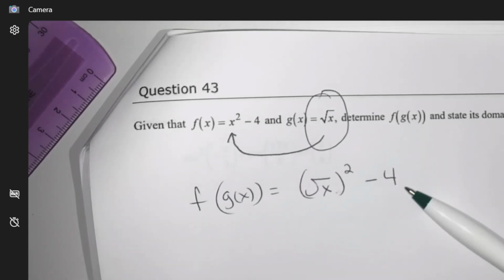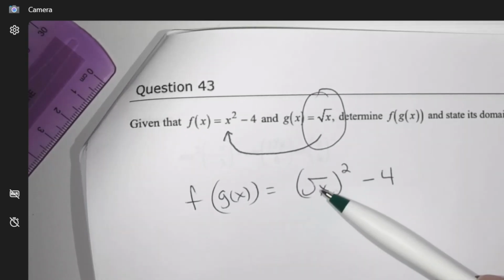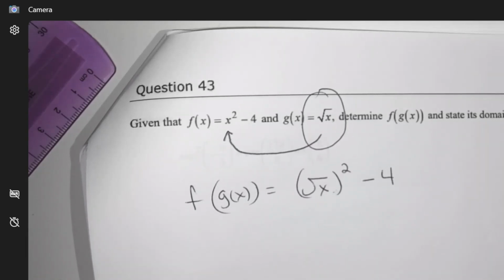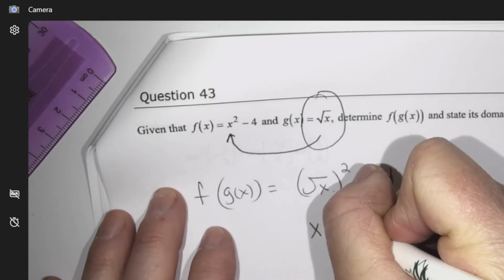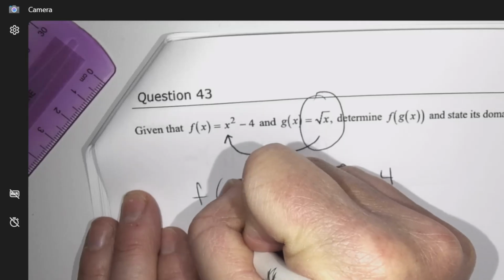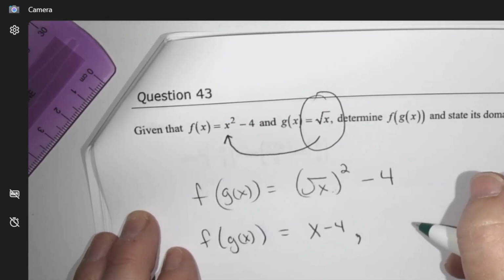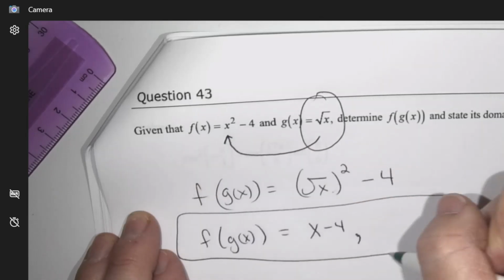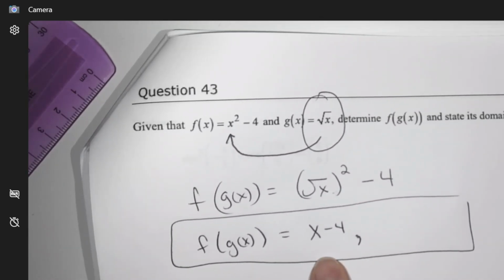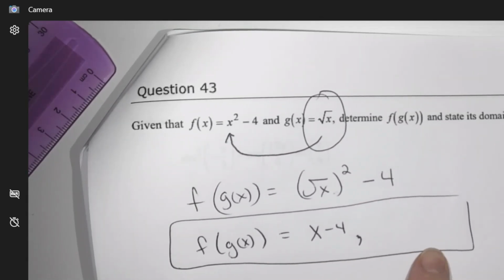Okay, so I did the plug-in. What happens with the square root squaring? Cancels. So here's my equation, comma, what's the domain?